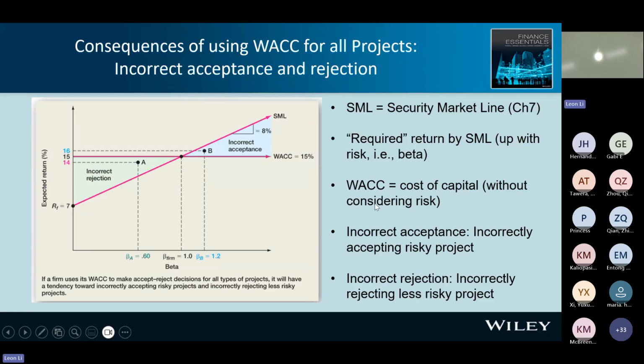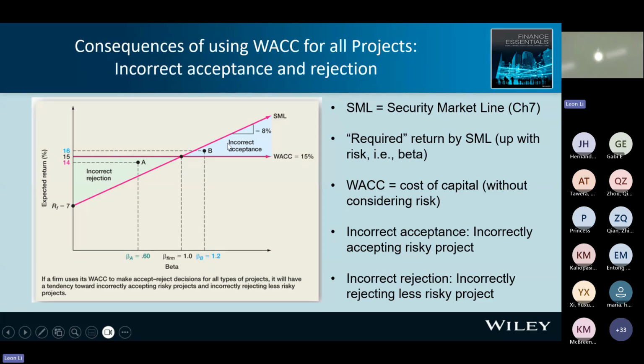And our WACC is the cost of capital. If we don't consider the risk, we will use the WACC for all the projects. So the WACC will be a horizontal line, a constant for different projects, because we don't consider risk.